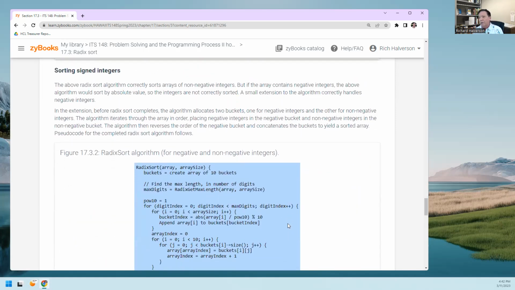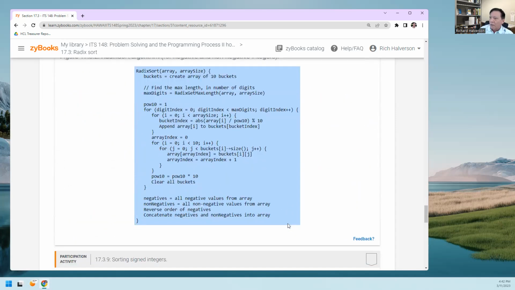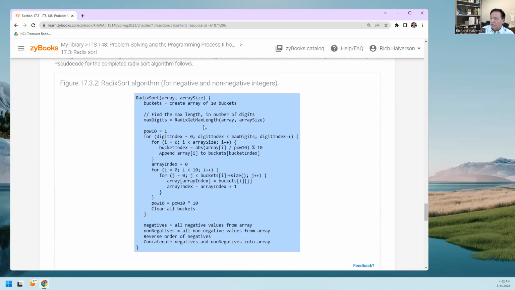Okay, now how do you do signed integers? Well, first of all, you do radix sort as you normally would, but you end up sorting them as though they were absolute values, because you don't look at the sign.